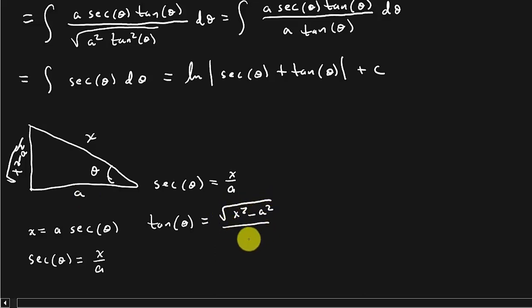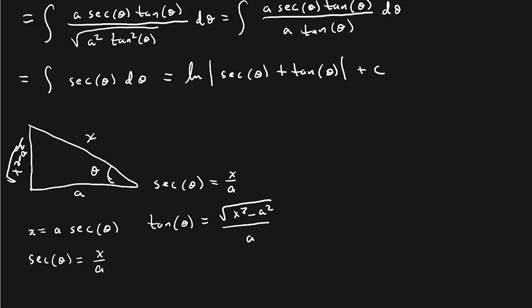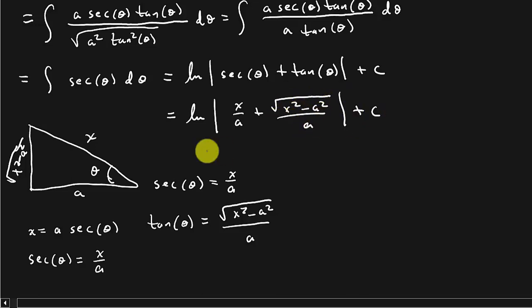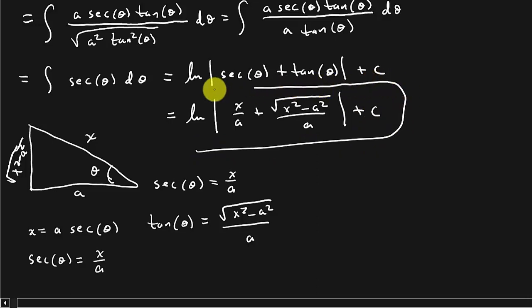So that's square root of x squared minus a squared over a. So now we just replace everything. So that's natural log, absolute value, secant theta is x over a plus tangent theta is square root of x squared minus a squared over a, plus c. And there's your answer.